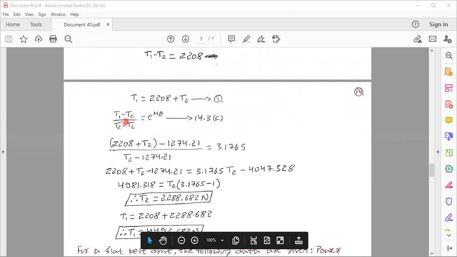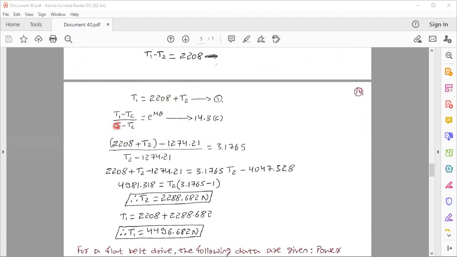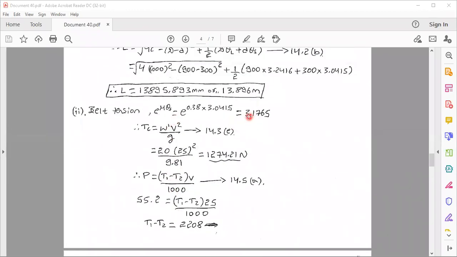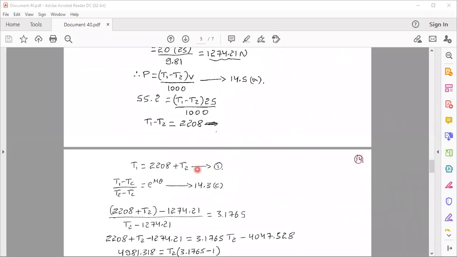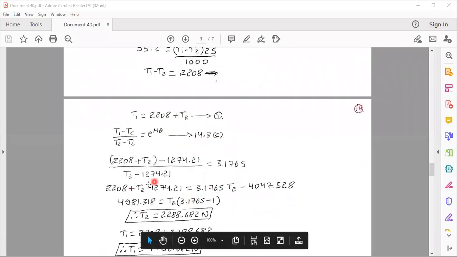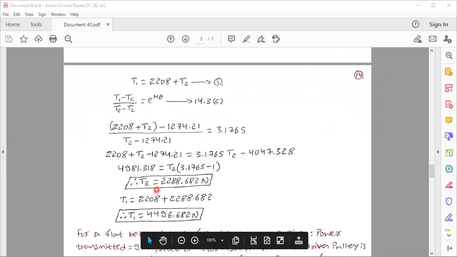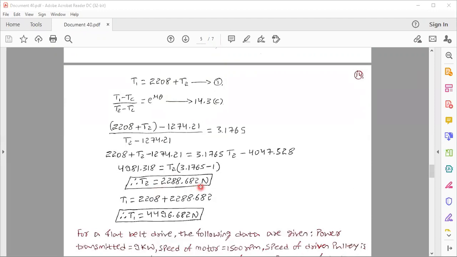T2 we don't know, we need to calculate this T2 value. Tc is 1274.21. Substitute that, and e raised to mu theta, you have calculated the value. After solving this equation, you are going to get the value of T2. T2 is 2.288 kilonewton or 2288.68 Newton.